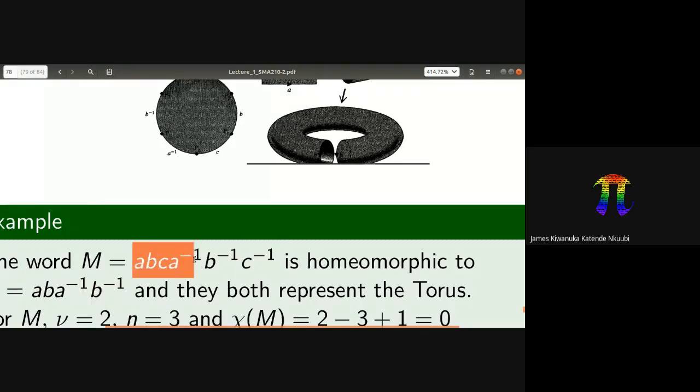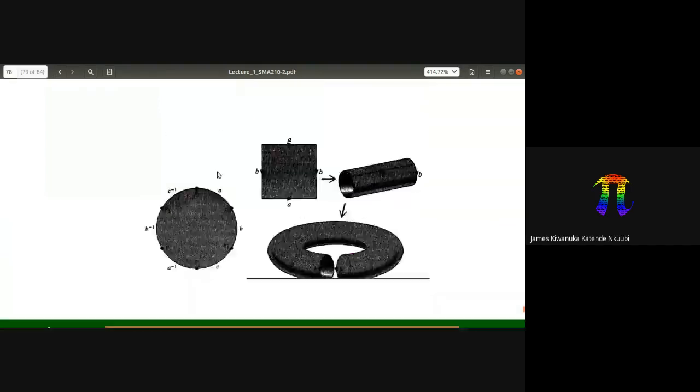So basically, this word is another plane model for the torus. How you obtain this is as follows. The standard word for the torus has 4 letters because there are these 4 sides. That's the smallest plane model you can do for a torus.